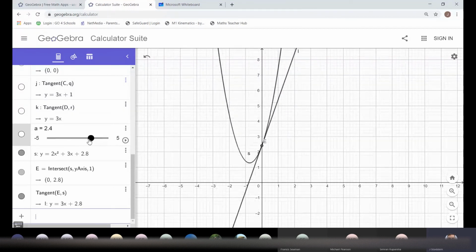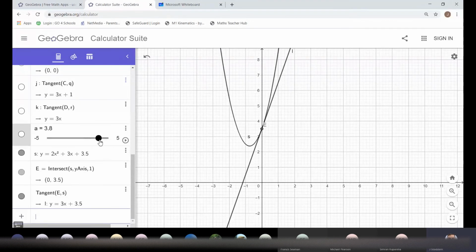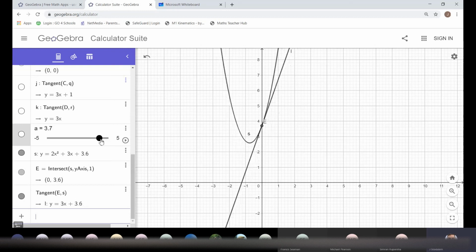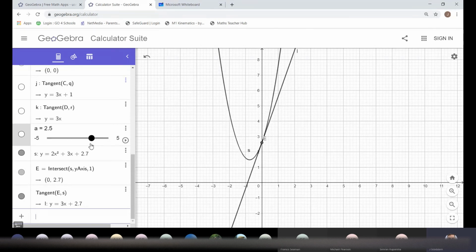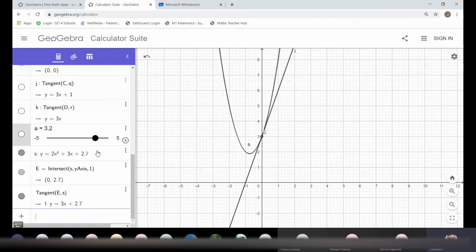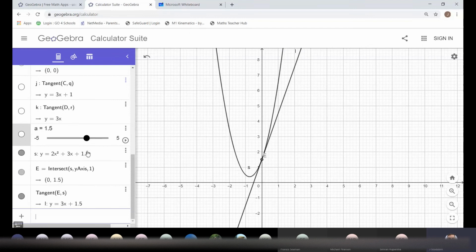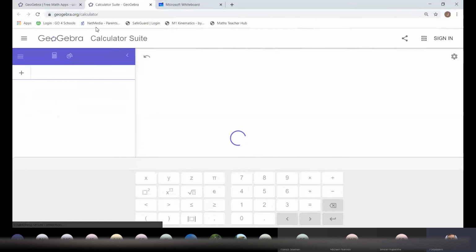So you can see, Evan, that when I'm just changing the constant value, the curve stays the exact same shape and it just moves up and down. It just translates up and down, and the gradient doesn't actually change. I'm not going to ask if you can understand why that happens, but can you see that happening, Evan? Yeah. Okay.